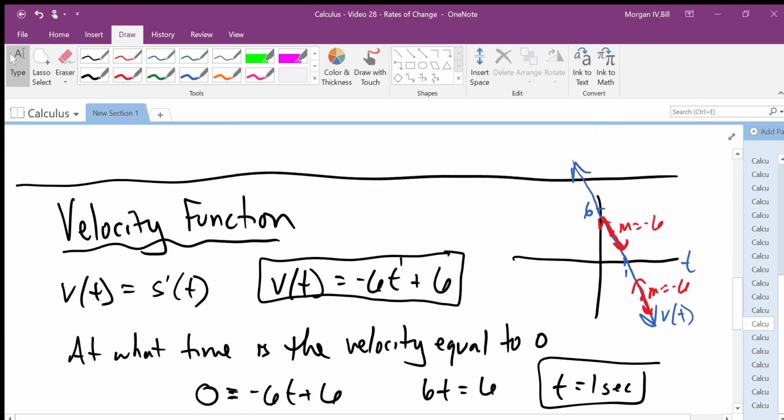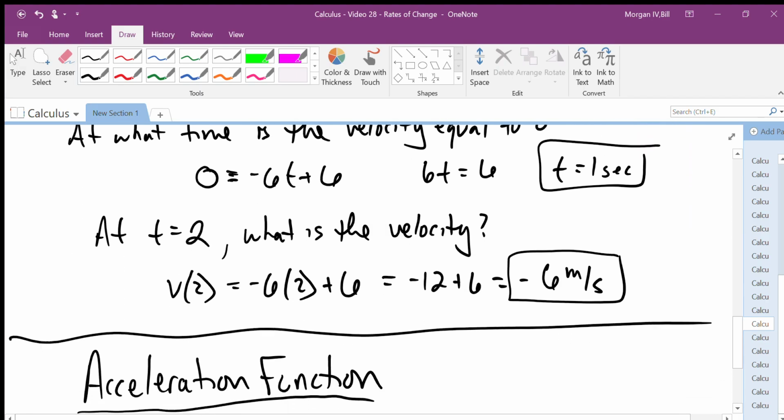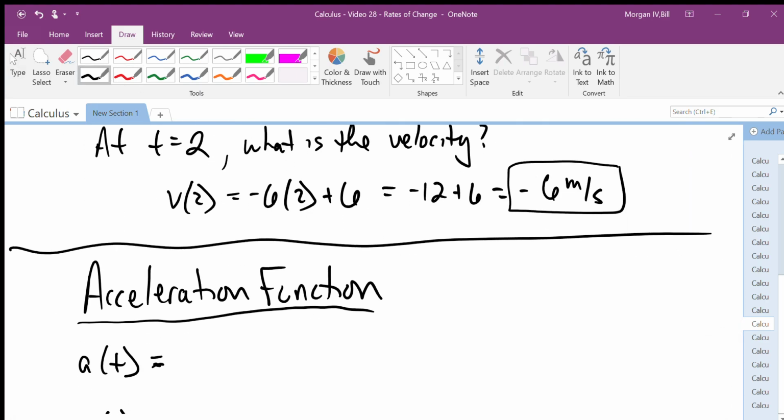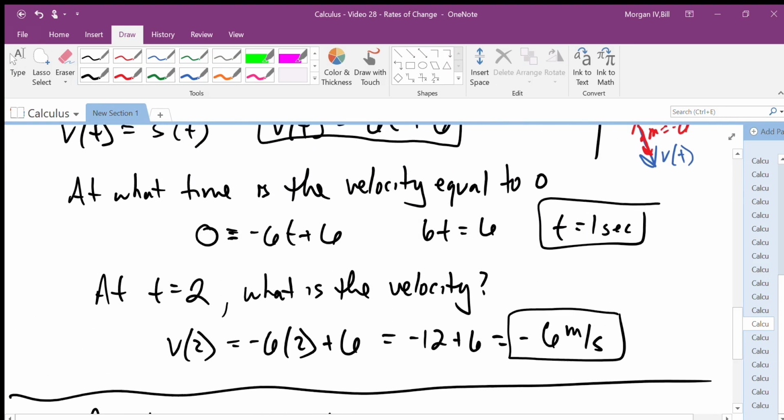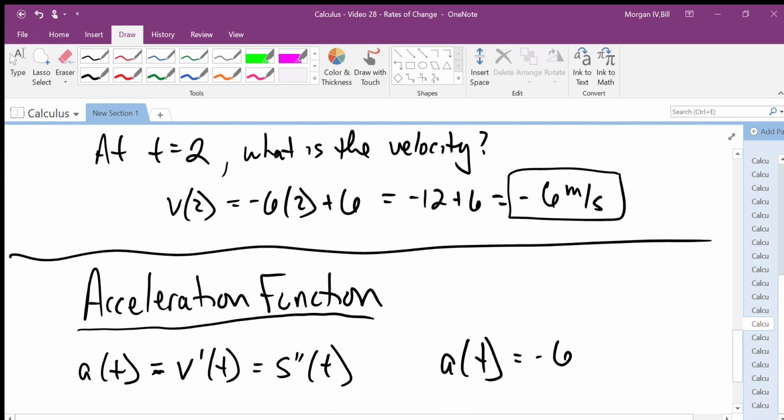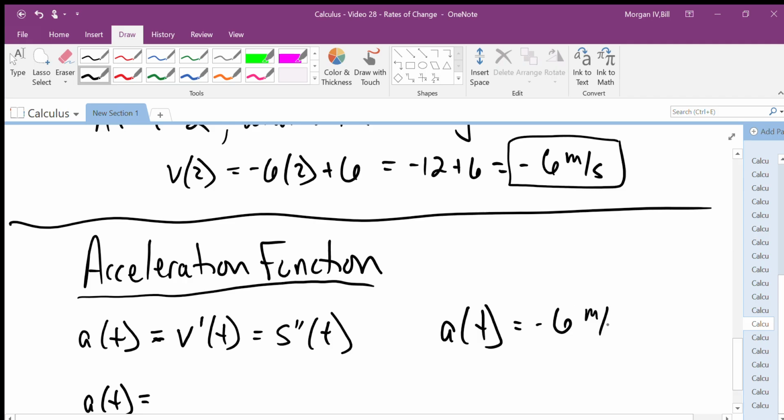So the derivative of velocity, that would be the acceleration function. So a of t is the derivative of the velocity, which is also the second derivative of the position function, and the derivative of the velocity is negative 6 meters per second squared.